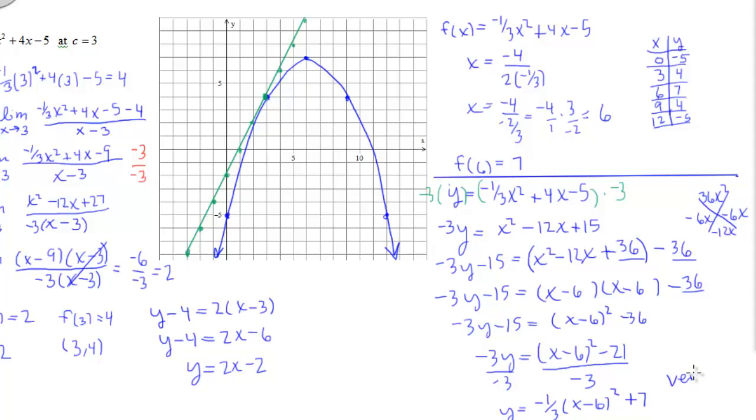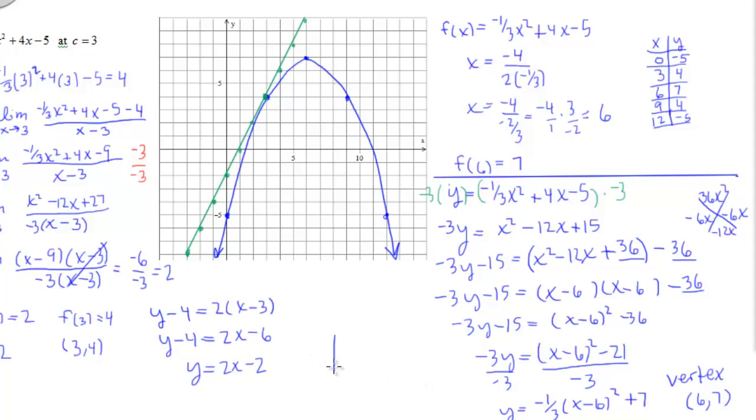And then you can see the vertex in this form is at +6, +7, which is the same that we got up here. And then finding more points on the parabola, you could do that a variety of different ways.